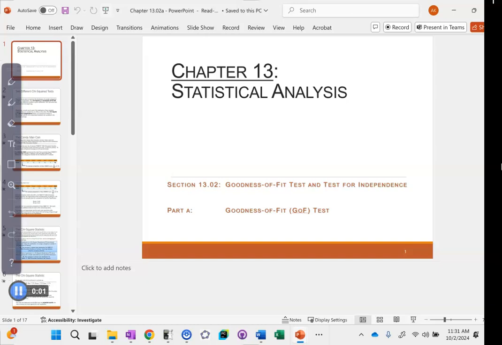Now, in practice, you say what the distributions are, right? Like the observed distribution of M&M colors matches the known distribution of M&M colors. But you'd say something like that. The alternative is that it does not match, that the observed distribution of M&M colors does not match the known distribution of M&M colors.